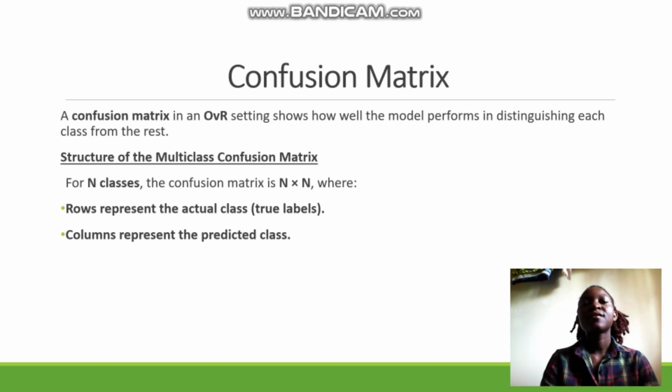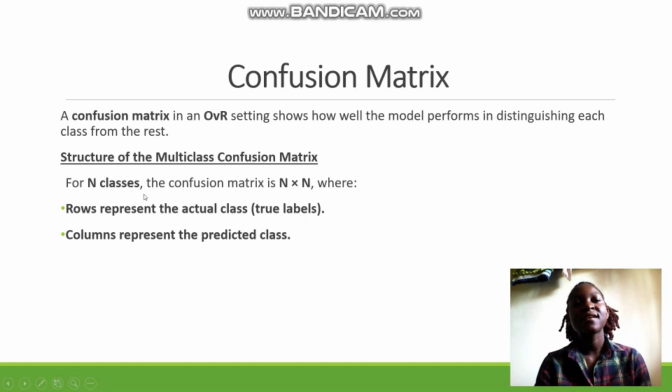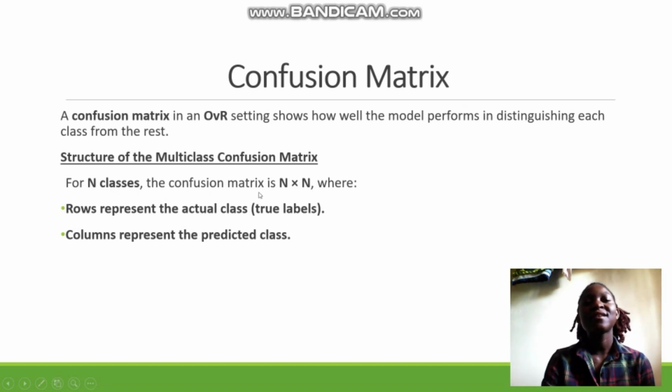Now we go to the confusion matrix in the one versus all setting. The confusion matrix basically tells how well a model performs in distinguishing each class from the rest. This is the structure. We have n classes, let's say 3 classes, then the confusion matrix will be 3 by 3.